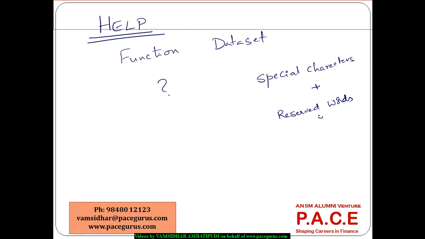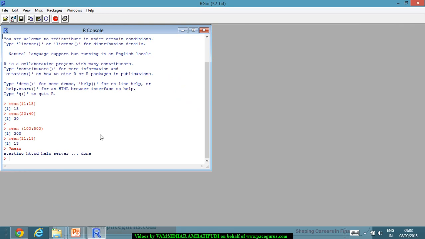So let's say I want help on if, which is a reserved keyword. If I want to get help on these kinds of things, rather than just putting a question mark followed by this, I have to enclose it in double quotes. So that is the usage for a reserved keyword.